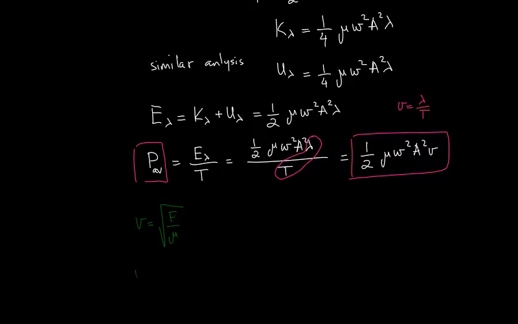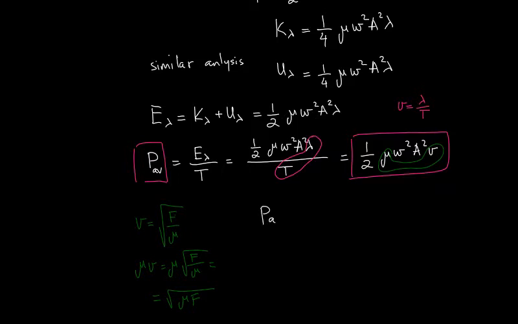The mu times V in this expression would be mu times the square root of force over mu, which gives the square root of mu times F. So I can plug it into our expression of the power.